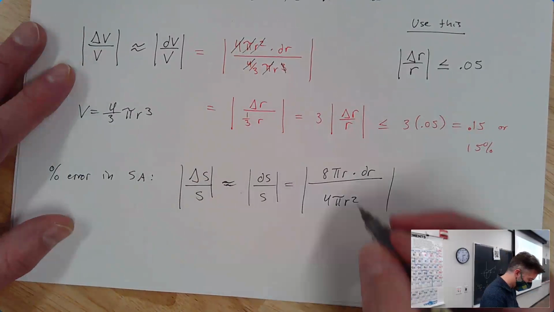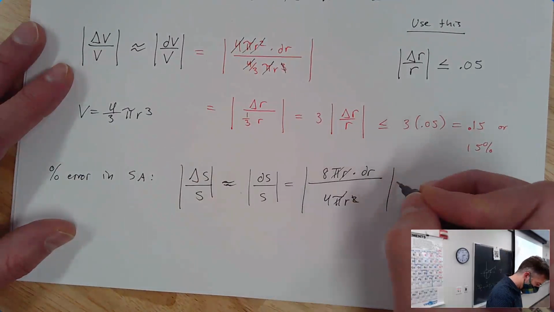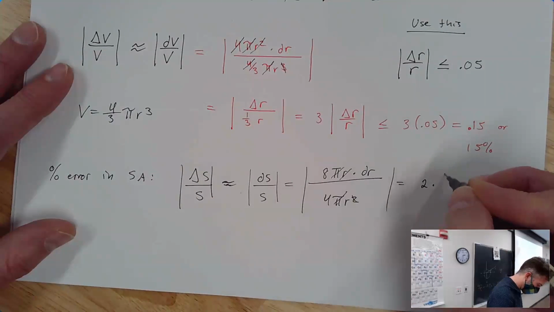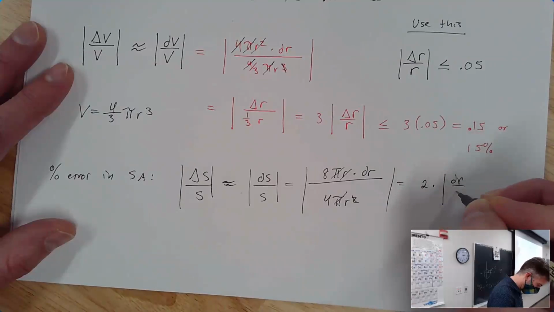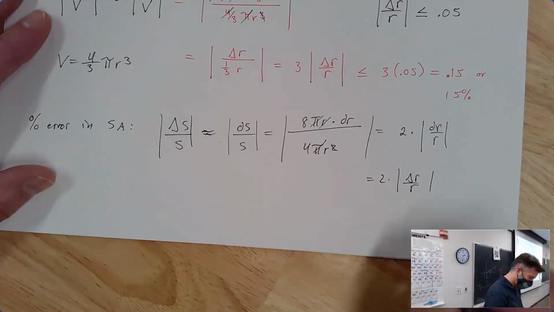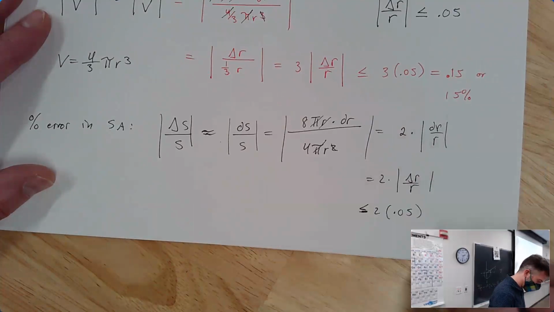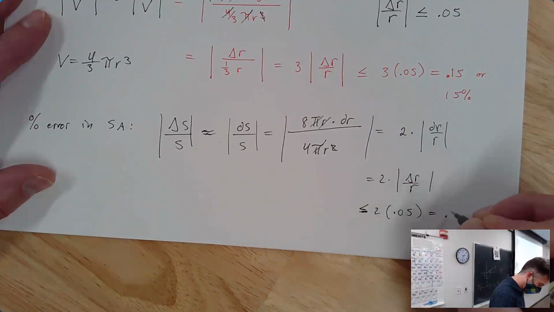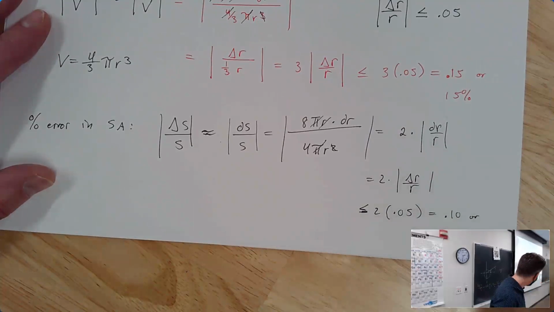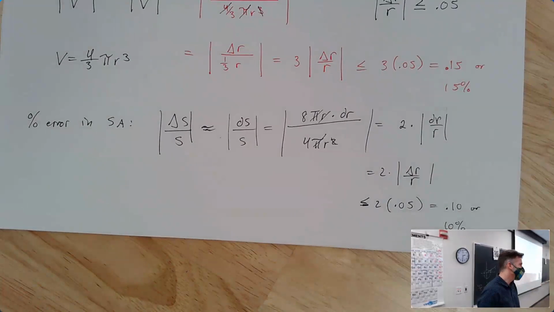And look, the pi's cancel, 8 over 4 is 2, and r cancels, and we exactly get 2 times dr over r, or 2 times delta r over r, which in this case is going to be less than or equal to 2 times 0.05, which is 0.10, or 10%. Kind of neat.